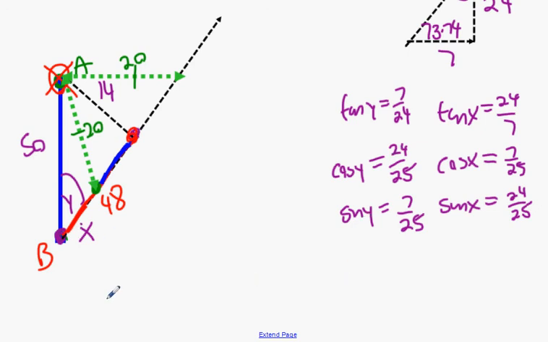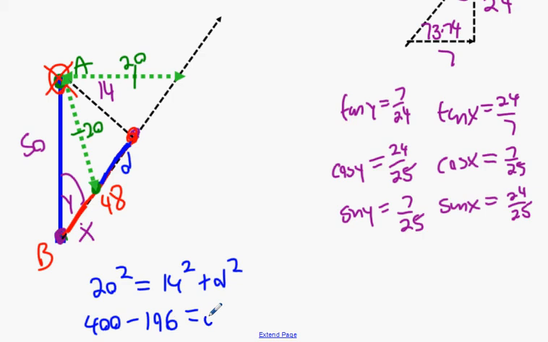Pythagoras makes it so easy, right? So this blue distance, it's going to be 20 squared equals 14 squared plus D squared. I'll need another letter, let's call it D. 400, what's 14 squared? Is it 256 or 196? I always get it mixed up. Is it 196? Okay. And what's D squared then?